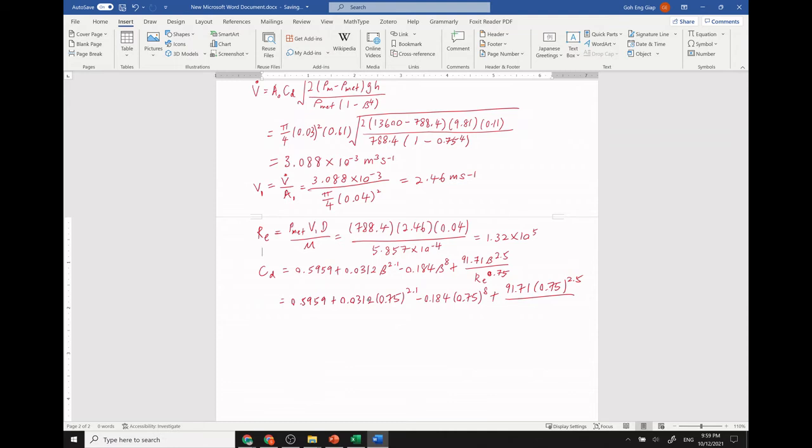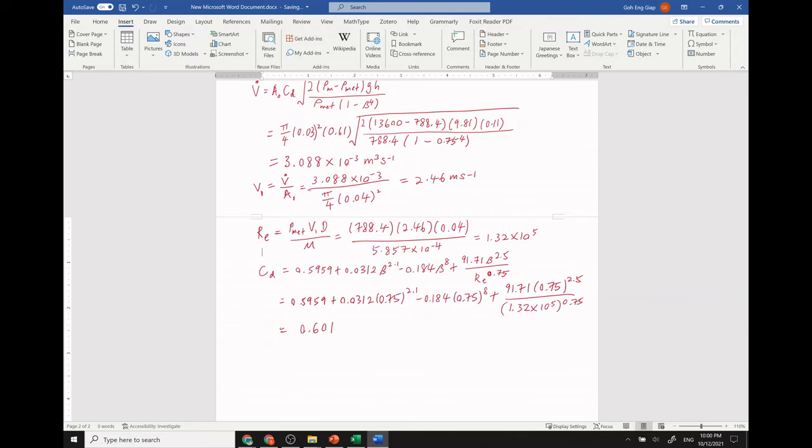Reynolds value would be 1.32 multiplied 10 to the power 5, to the power 0.75. Alright, then therefore the CD value would be 0.601. Okay, 0.601.